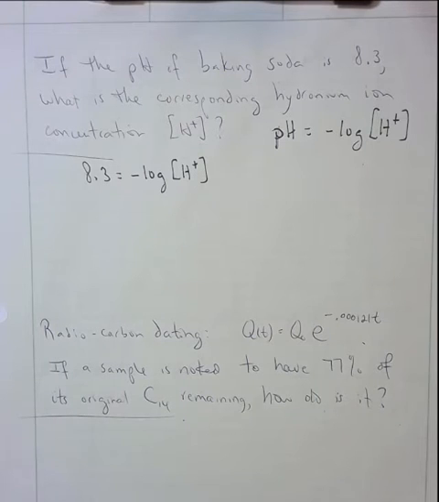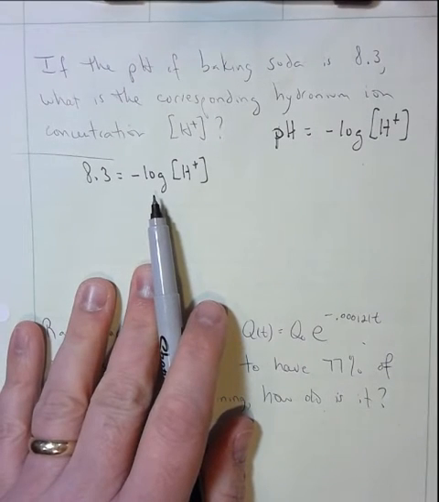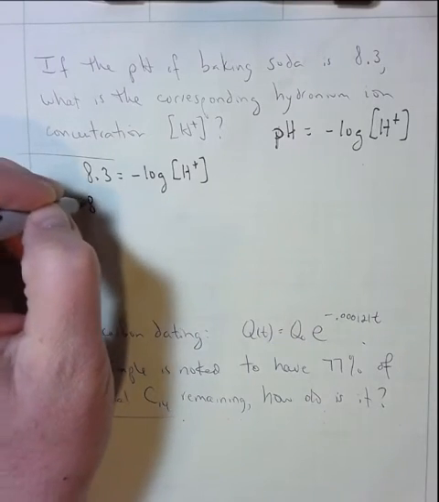There's two ways to proceed from here. They are both equivalent. One is I can just remember the definition of logarithms. First let's move this minus sign over before I get carried away.